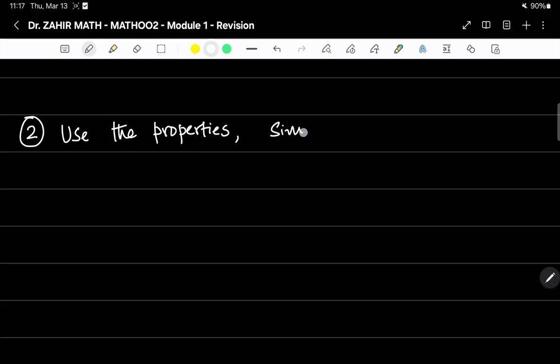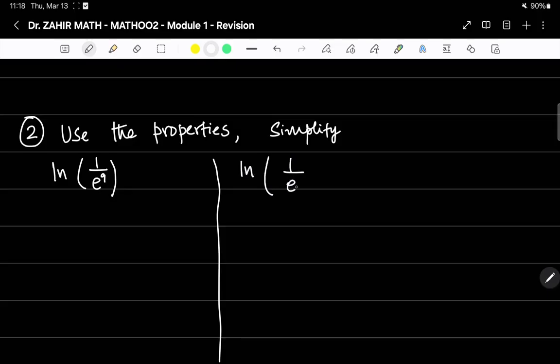Simplify means make it small. Simplify the expression. 3 questions I'm going to give. Number 1: ln 1 divided by e power 9. Second question, ln 1 divided by e power 3. Next question, ln 1 divided by e power 5.